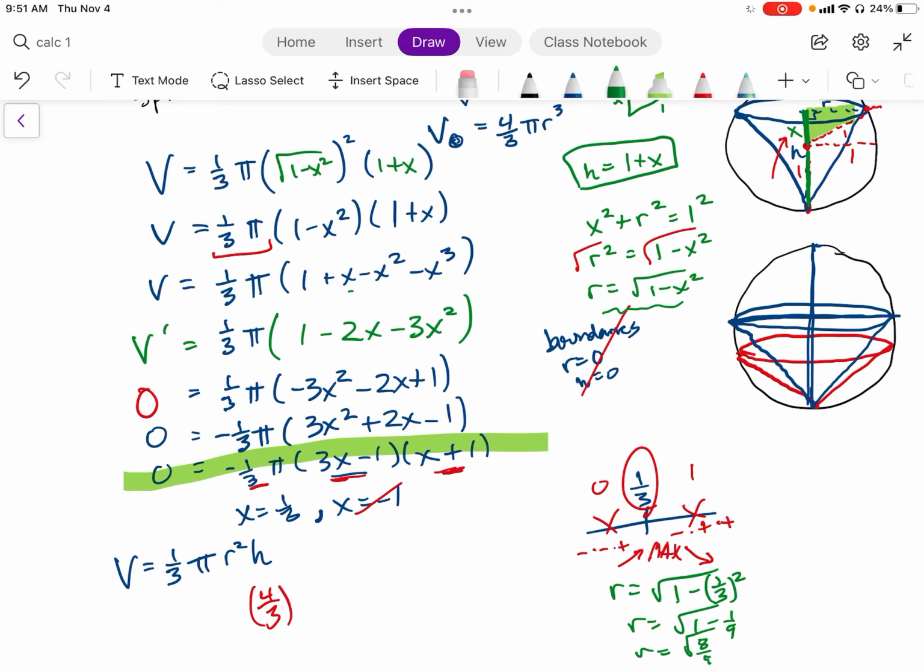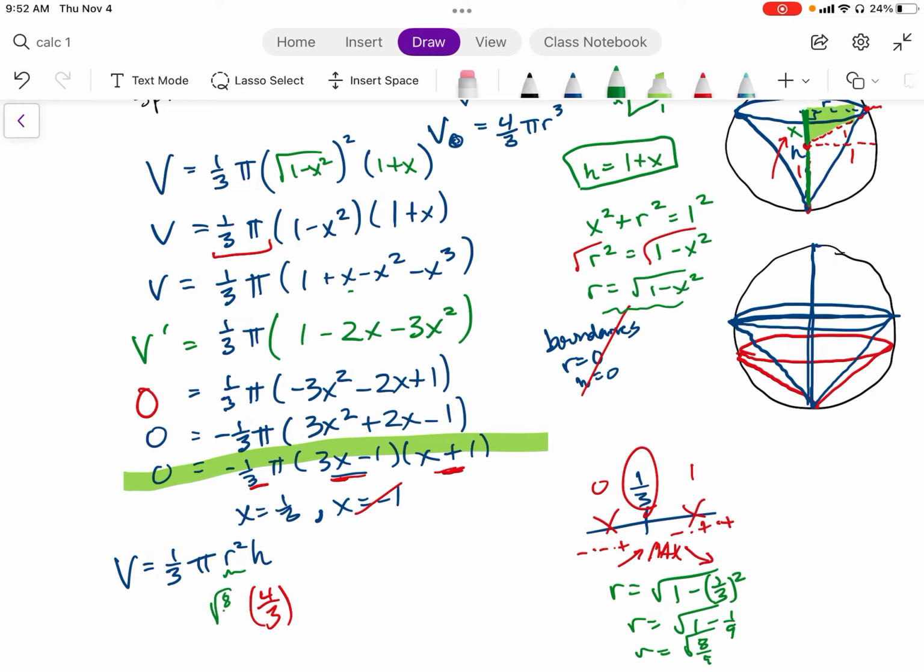And if we reduce that, you can, but I'm going to pause there because the formula has r squared. So if I'm going to square a square root, what's the point of reducing it, right? So let's substitute that in.